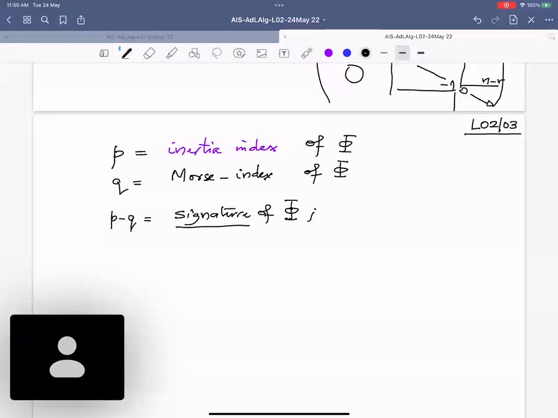And P comma Q is called the type. This is called the type of phi. And I want to relate the signature with the number of zeros. That is why all these things.